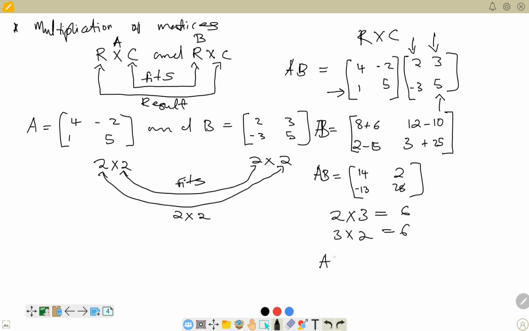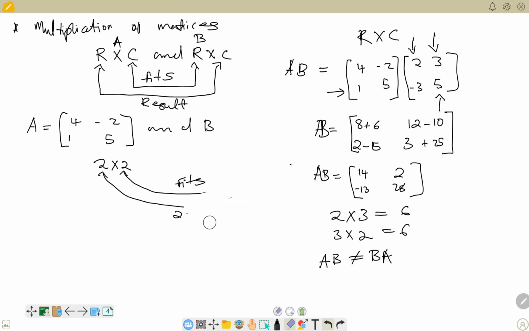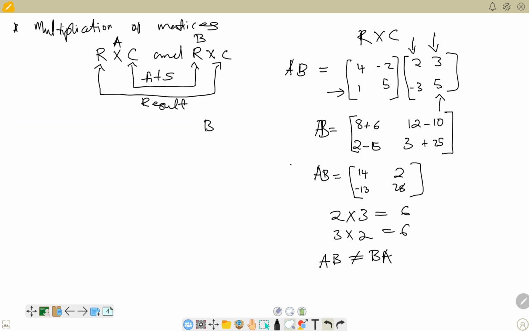But it turns out that in matrices, A times B is not equal to B times A. And we will see that when we look at this. So let's work on the same page so that we can see that we will not get the same matrix.